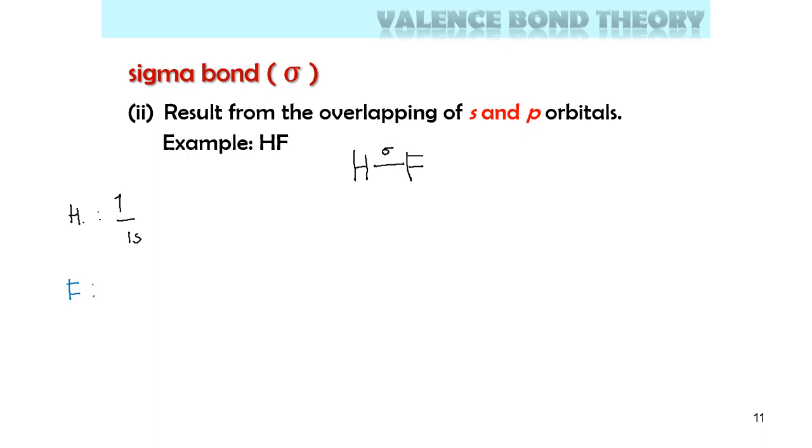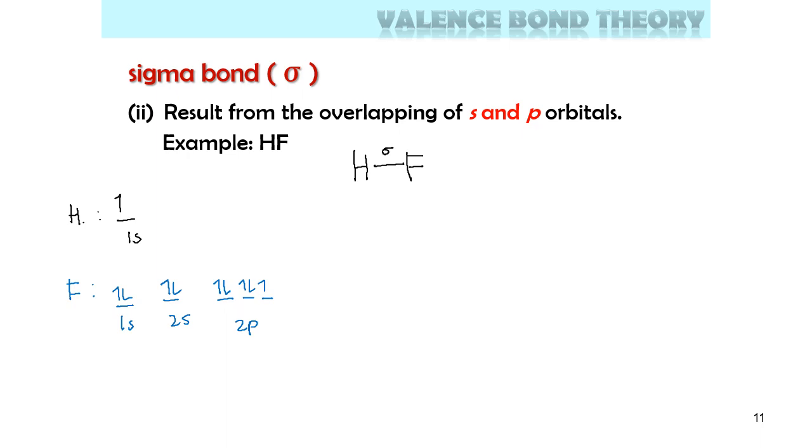For fluorine you have 1s2, 2s2, and 2p5. 1, 2, 3, 4, 5 electron.